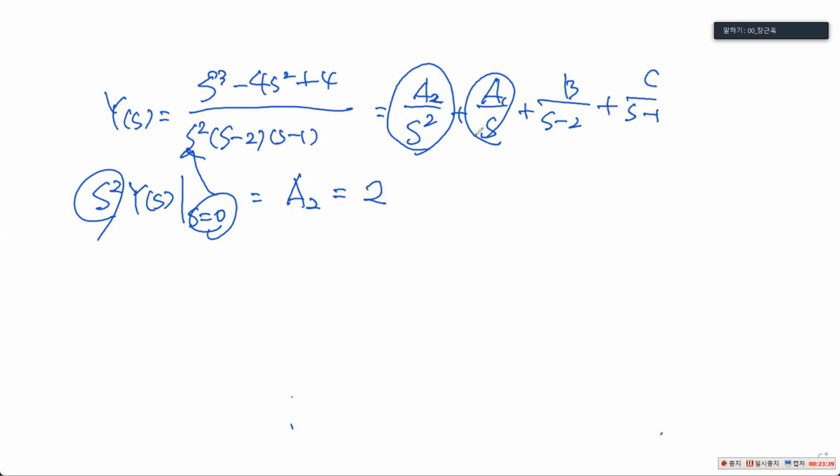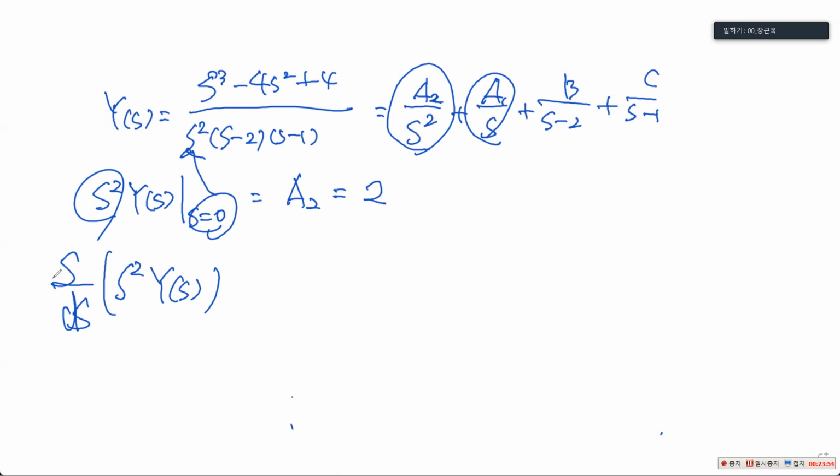So the way to calculate A1 is, okay, multiply by s squared Y(s), and we take the derivative with respect to s.